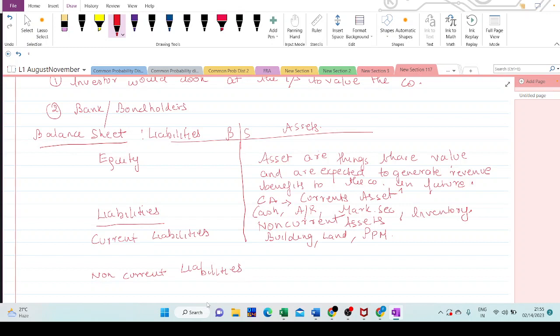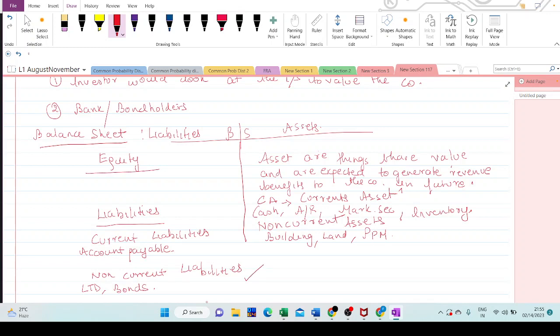So what are your current liabilities? Your accounts payable is your current liability, right? And non-current liabilities, so any bonds that you issue, any long-term debt, all that stuff is your non-current liabilities.